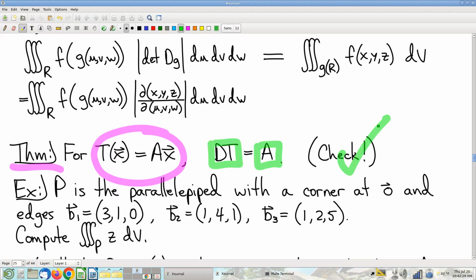Now, y'all can just directly confirm this yourself. It's not that big a deal. Write down a 3x3 matrix, A, B, C, D, E, F, G, H, I, right? And multiply it out, write the formula, take the partials, assemble the partials. Oh my gosh, it's going to be the exact same matrix. Just a matter of direct computation.